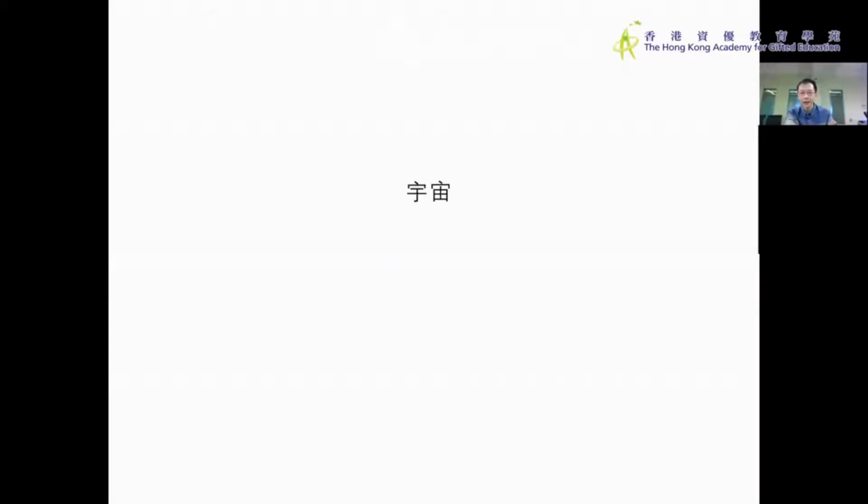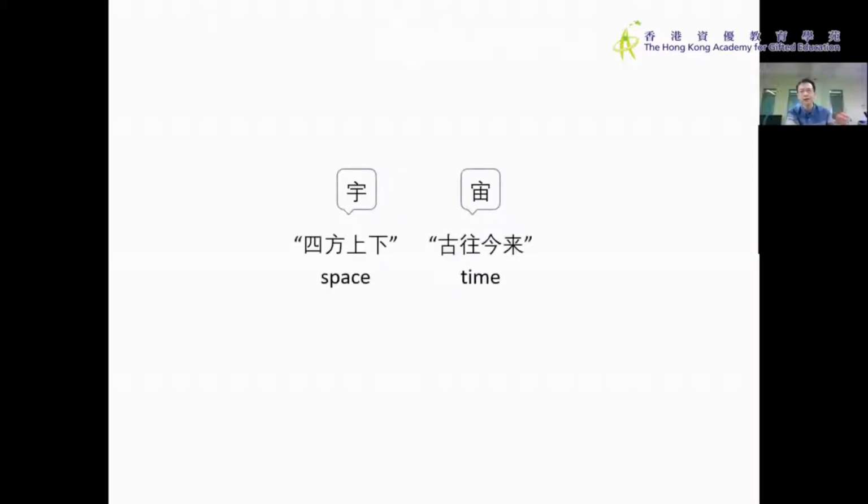And in the Chinese characters, the first character means the space, all the space, everywhere. And the second character means the time from the ancient past to now and the future, all the time, all right?